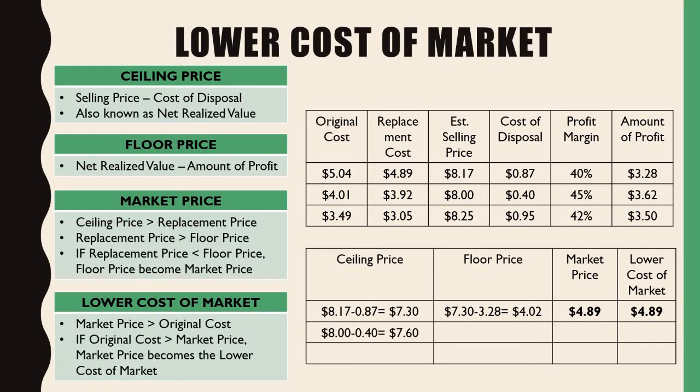Good. Now, how do I determine the floor? 760 minus the amount of profit. Correct, which gives you what? 362 is the amount of profit, but what is the total? 398. Good, 398.